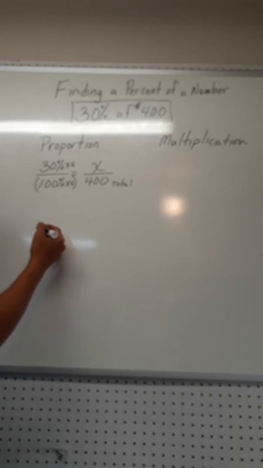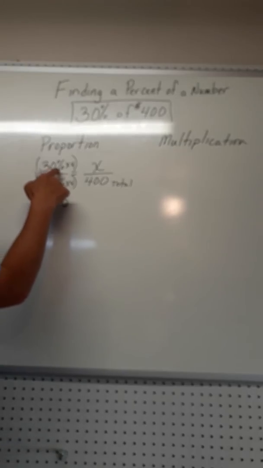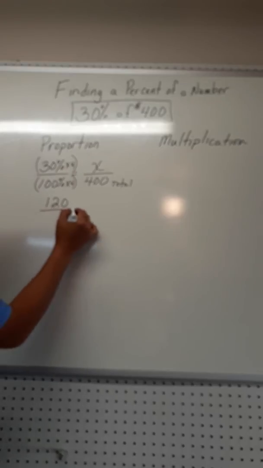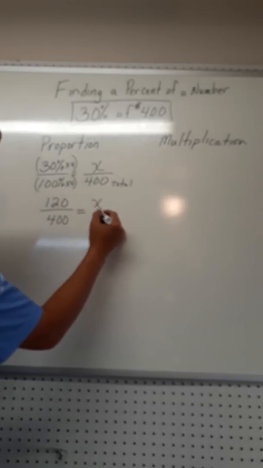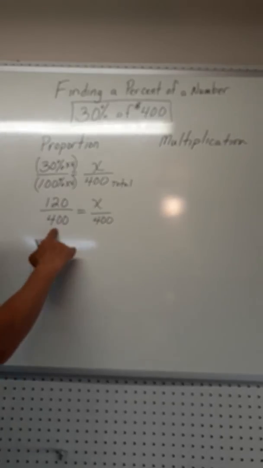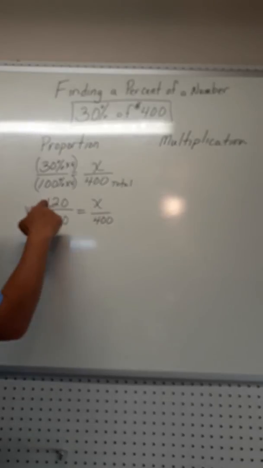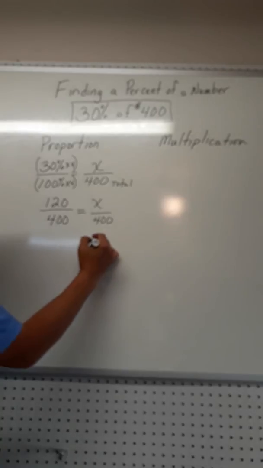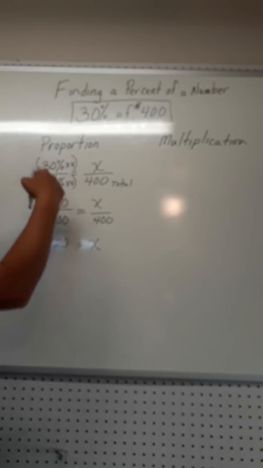So now I get 120 when you multiply 30 times 4, over 400, and that is equal to x over 400. Since the denominators are the same, I know that my numerators must be equivalent as well. So x must be the value of $120. In this example, 30% of $400.